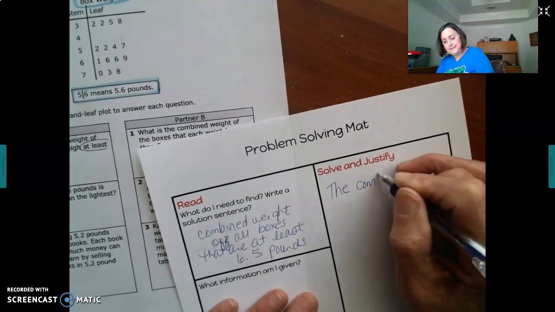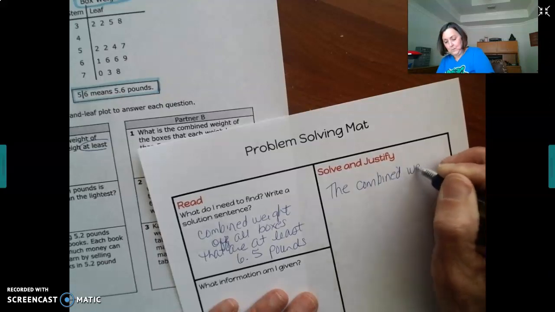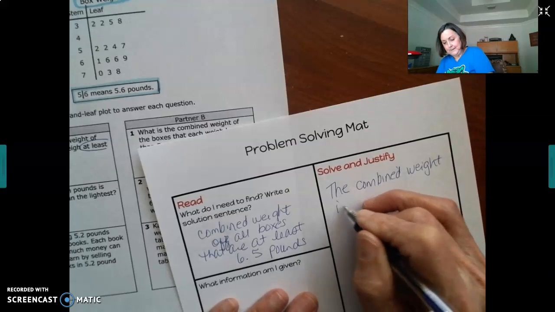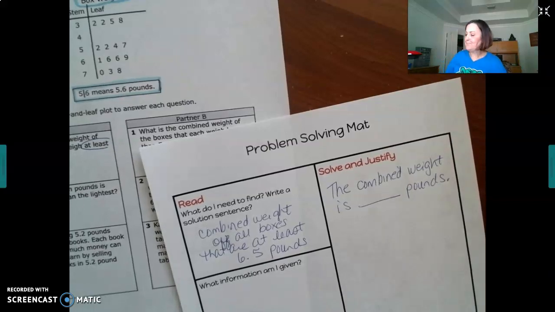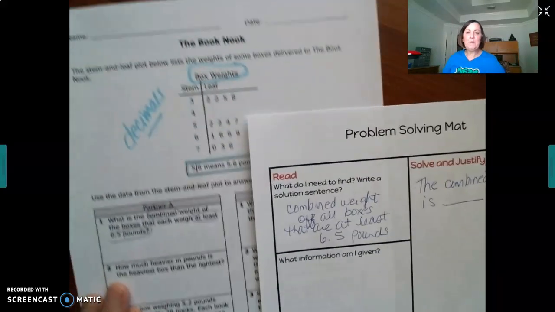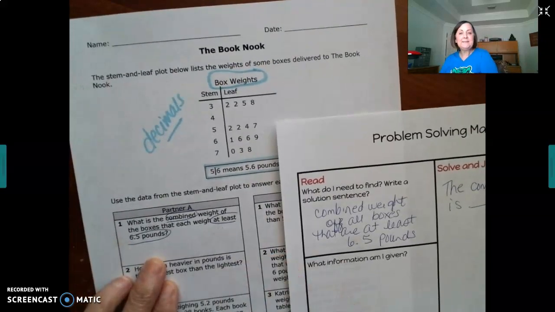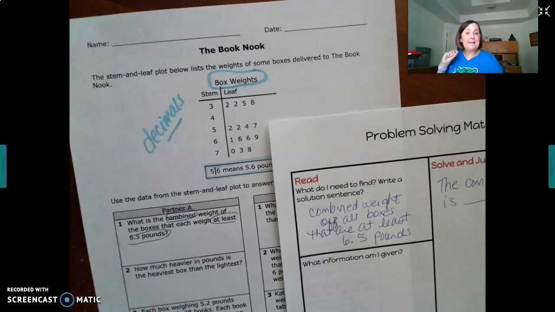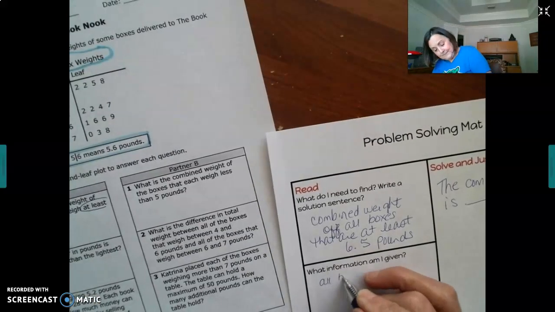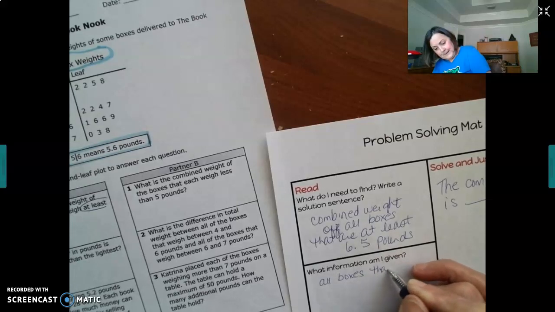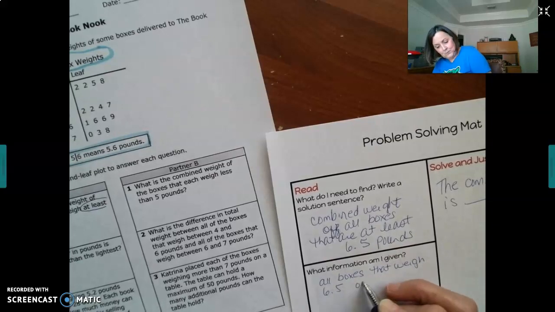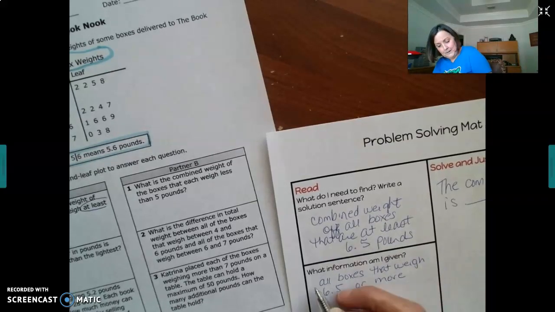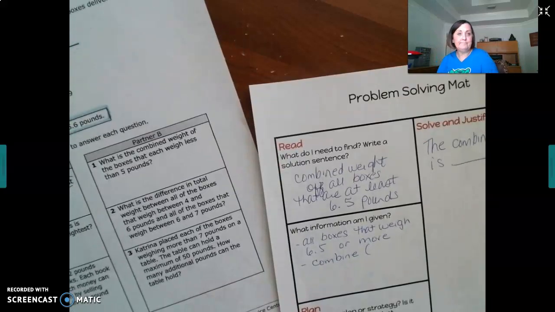The combined weight is blank pounds. Now, what information are we given? We're given that we need at least 6.5, all boxes that weigh 6 5/10 or more. And we're going to combine, which means to do what? We're going to add.